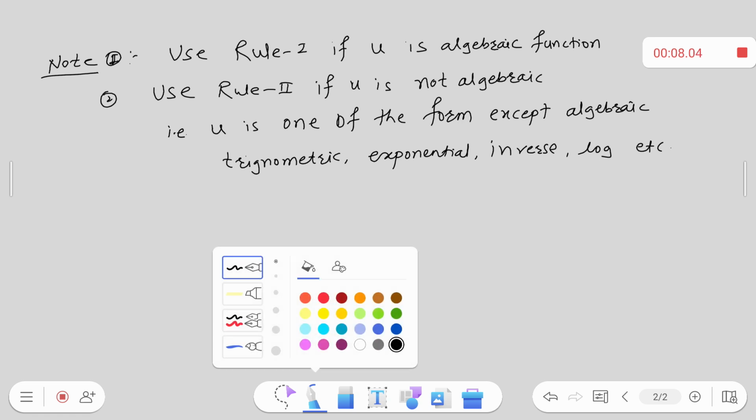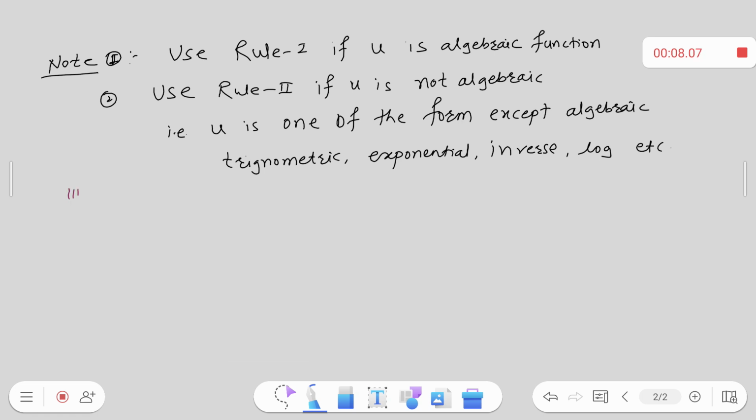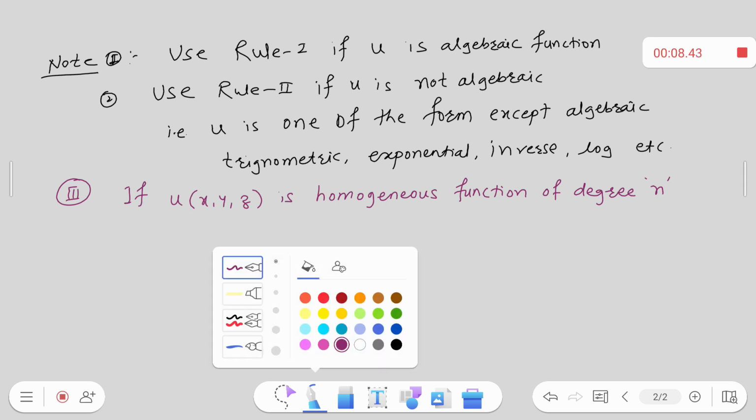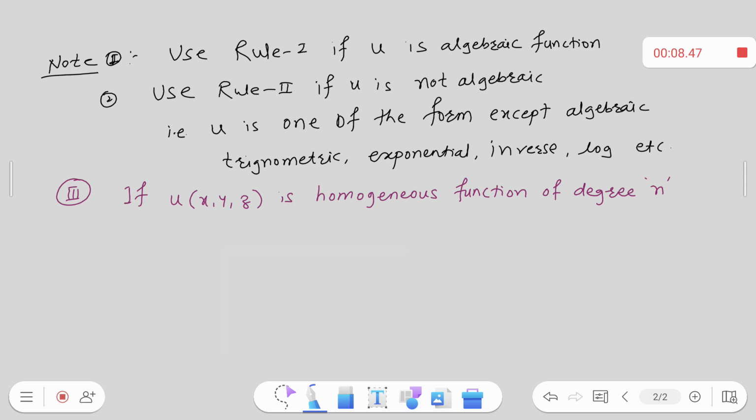Statement 3: if u is a homogeneous function of degree n, that is how we find the degree, by using the substitution x is equal to xt, y is equal to yt and z is equal to zt.